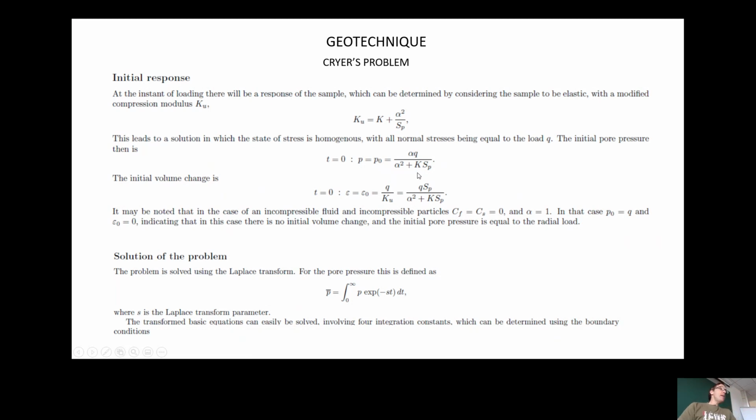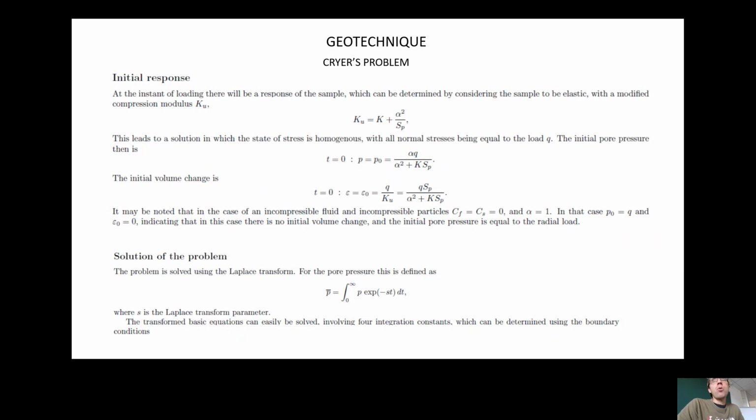It may be noted that in the case of an incompressible fluid and incompressible particles, in other words, c_f and c_s equal 0, and also alpha equal 0, we have that P0 is equal to Q and epsilon 0 is 0. This indicates that in this case there is no initial volume change and the initial pore pressure is equal to the radial load.